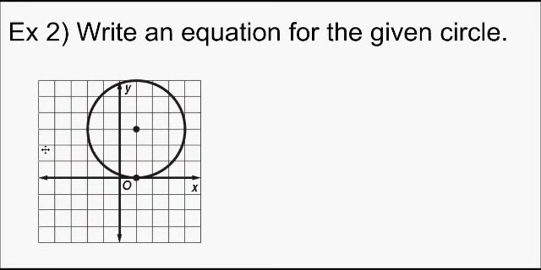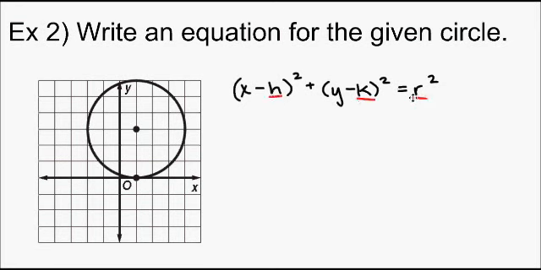Example 2, we want to write an equation for the given circle. Again, I'm going to start off by writing x minus h squared plus y minus k squared equals r squared. And now I want to find the things I'm going to fill in, so h, k, and r on my diagram.